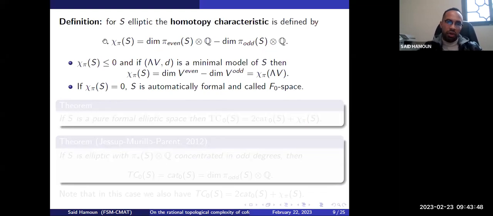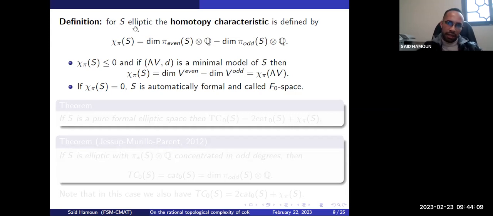And as I said before, we wanted to express the rational topological complexity in terms of rational Lusternik-Schnirelmann category, and we found out that we need another classical number, which is the homotopy characteristic.